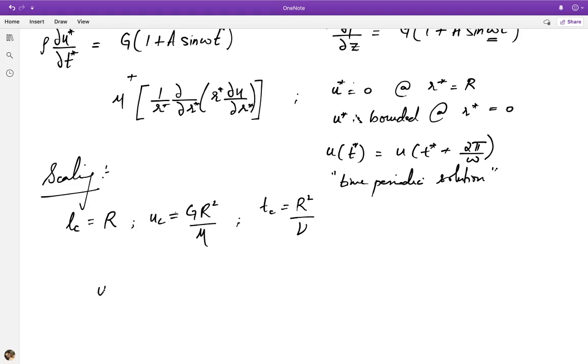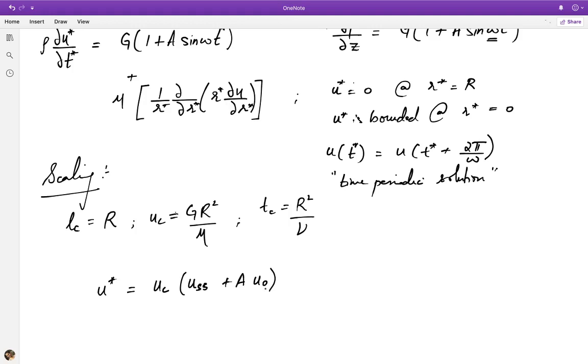So basically what I'm saying is I can write U star as U characteristic times a non-dimensional velocity, but that non-dimensional solution for the velocity can be decomposed into a steady state component driven by purely G plus A times the oscillatory component.